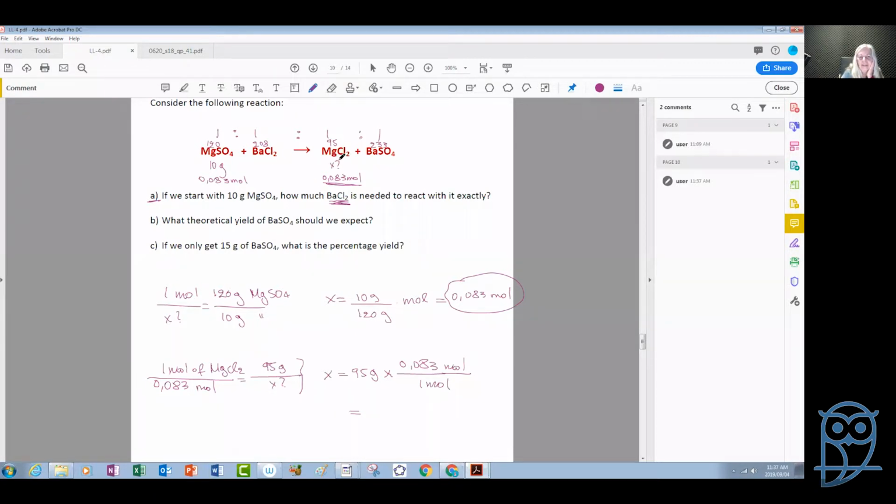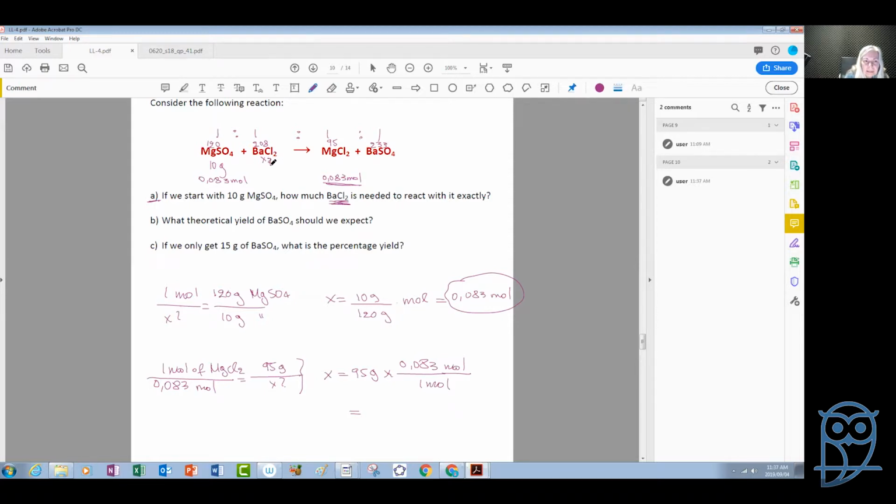Oh my God, so sorry guys. So it's this that we need to find the mass of, not this one. Sorry about this mistake. It's how much barium chloride is needed to react with it exactly.